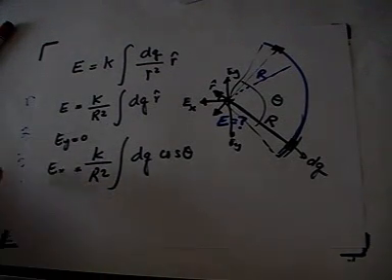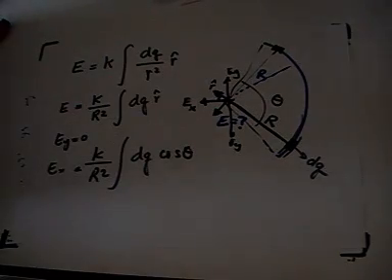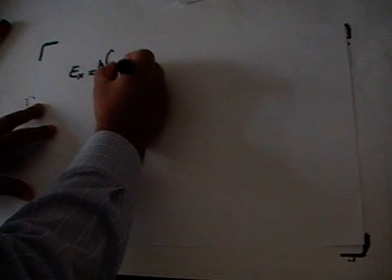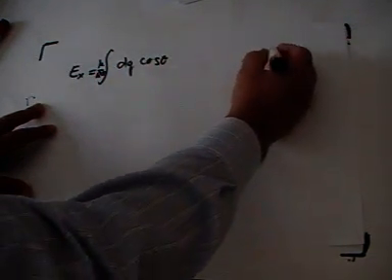Let me grab another sheet here, a clean sheet, and see how we are going to do this integration. So far I have E along the x direction equal to k over r squared, integral of dq cosine theta. The question is, what is dq?